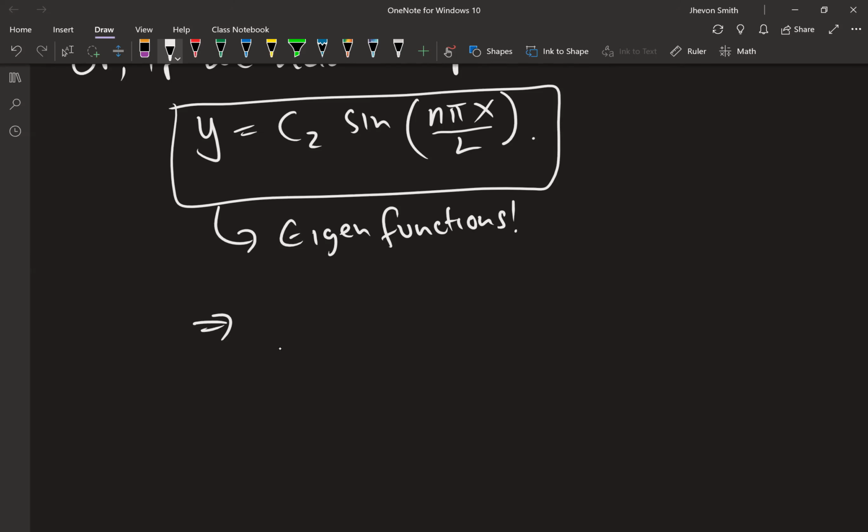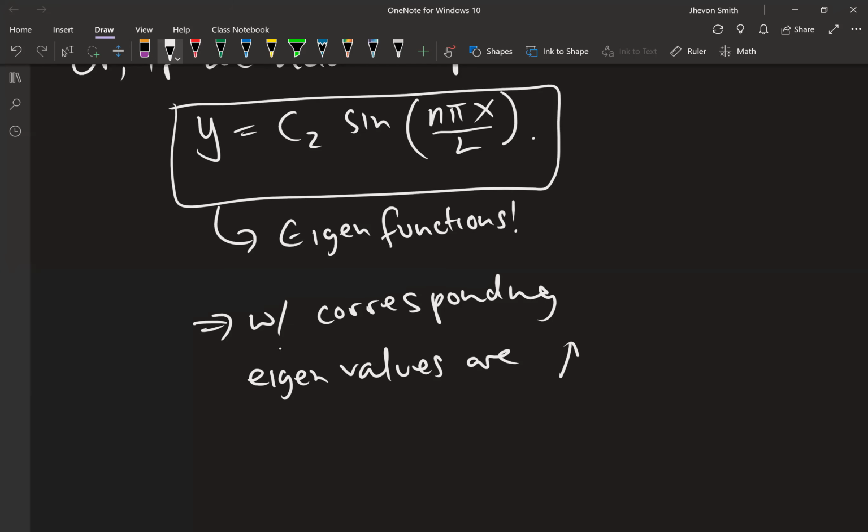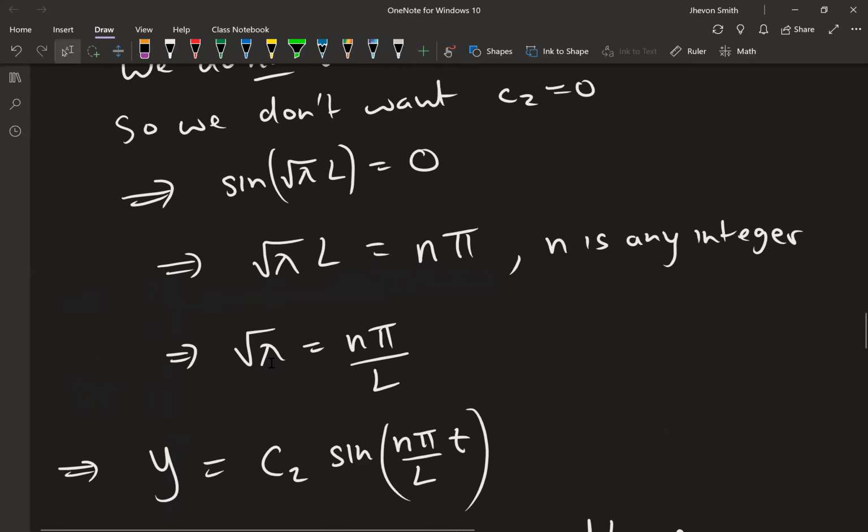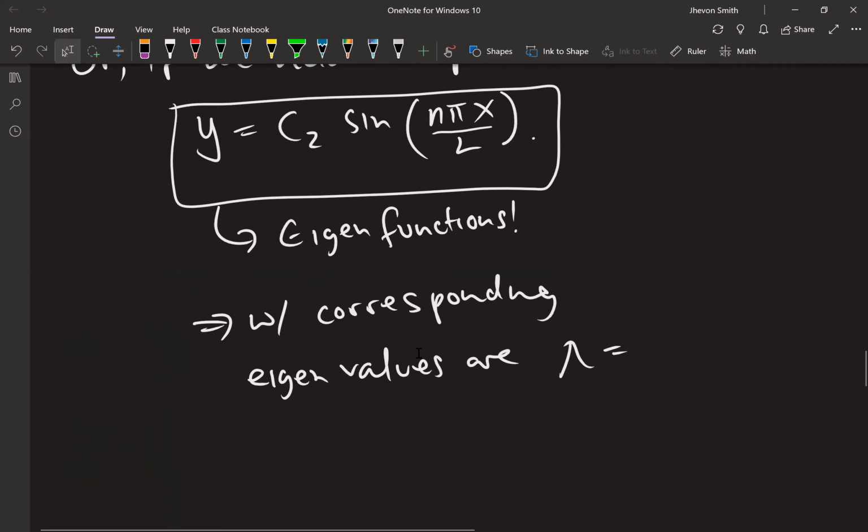And this means they have some corresponding eigenvalues. The corresponding eigenvalues are, well, our radical lambda was this, so our lambda can be thought of as n squared pi squared over L squared.